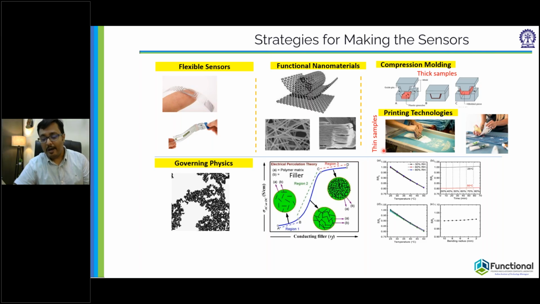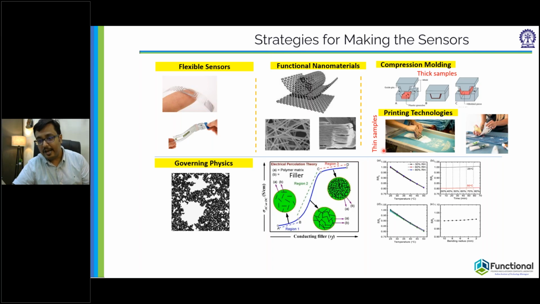Rubbers, honestly speaking, do not have a very strong role in the sensing mechanism, because rubbers are typically electrically insulative in nature. And sensors are either pressure sensitive, capacitive, or electrically resistive types.